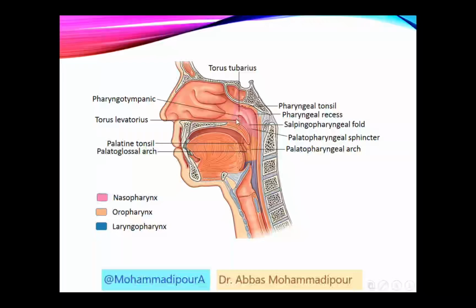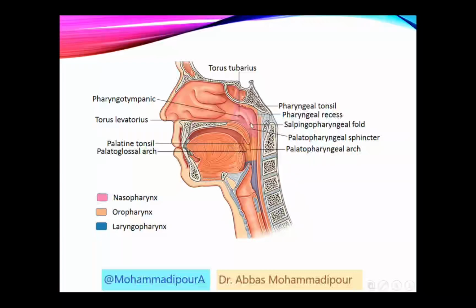Here is the torus levatorius, which extends onto the upper surface of the soft palate. Here we've got another mucosal fold named salpingopharyngeal fold, which contains the salpingopharyngeus muscle. This fold, as you see, extends from the torus tubarius to the internal surface of the laryngeal wall.